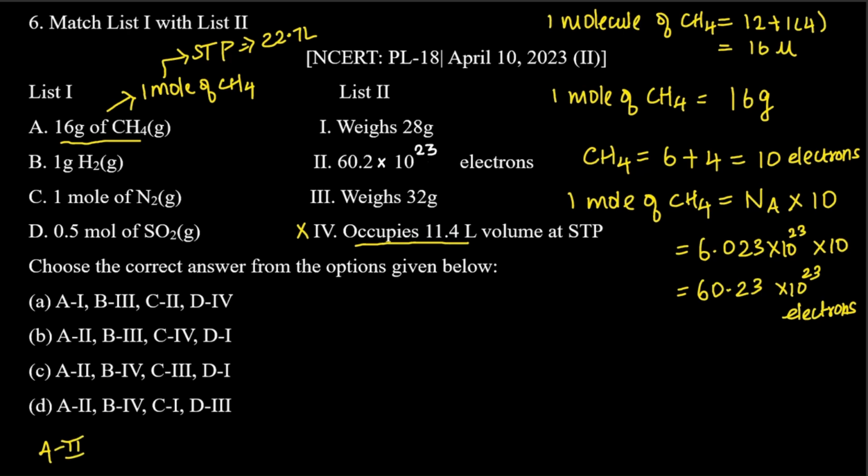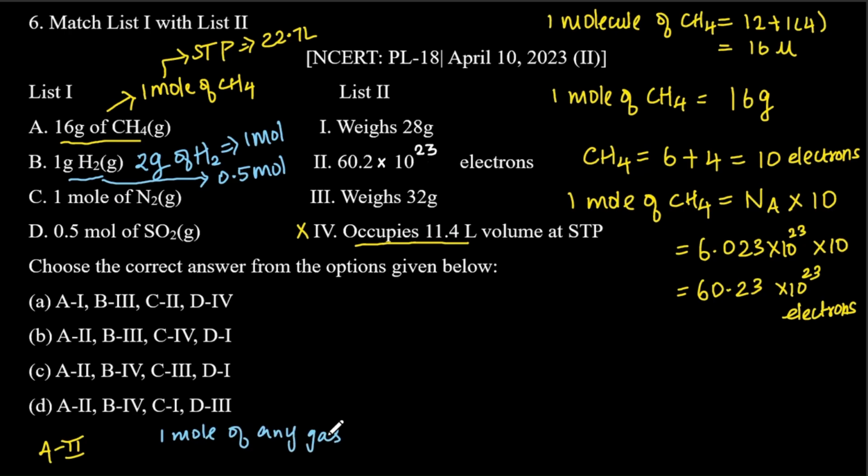Now we will go to the next one. The B option tells 1 gram of H2. H2 has 2 hydrogen atoms, so it will have the mass of 2 gram. But here it is mentioned as 1 gram of H2. So 2 gram of H2 can be considered as 1 mole and 1 gram of H2 should be considered as 0.5 mole. We know that 1 mole of any gas occupies 22.7 liters at STP.